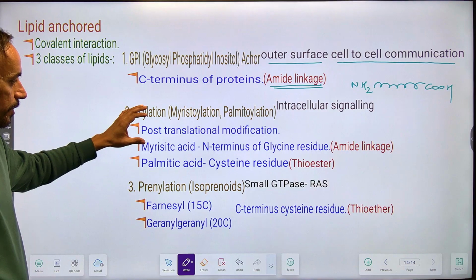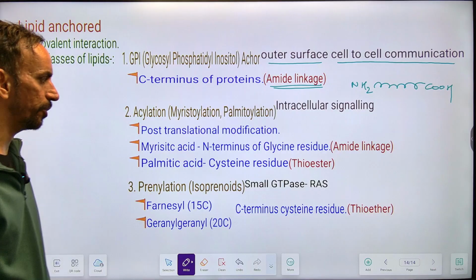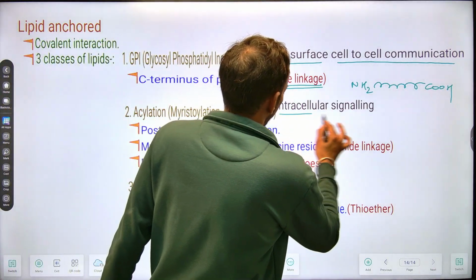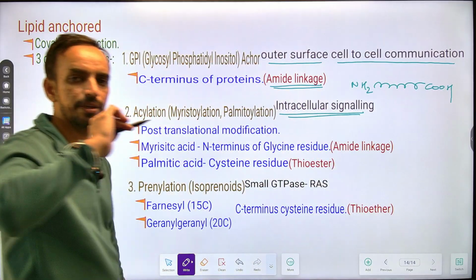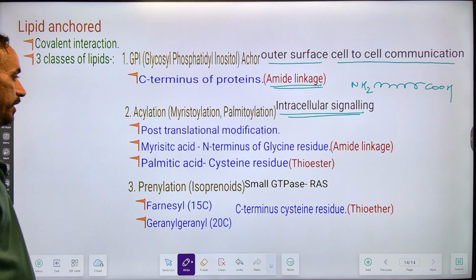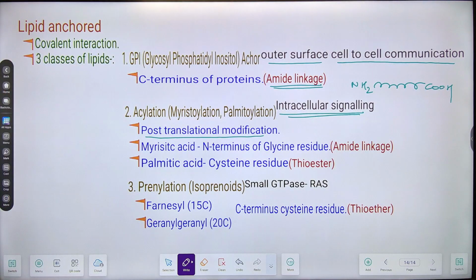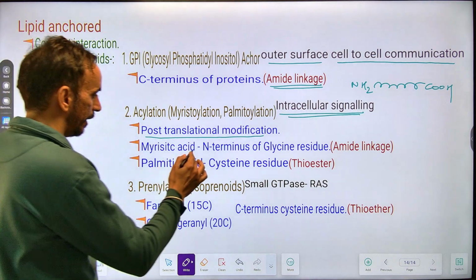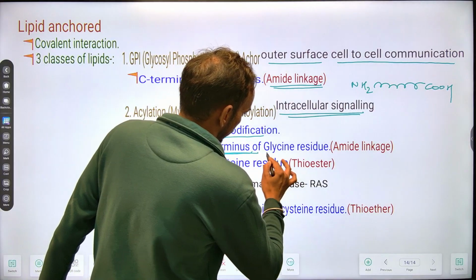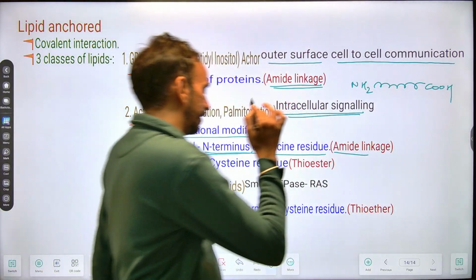Okay. Next is the acylation. Acylation is generally of two types, like myristylation and palmitylation. These are generally involved in the intracellular signaling processes. Now these acylation processes generally occur as a post-translational modification. The myristic acid is generally attached to the N terminus of the glycine residue through a linkage which is called as amide linkage.